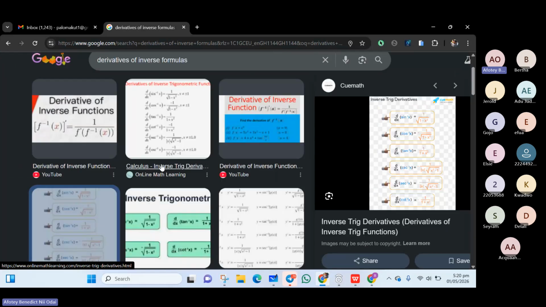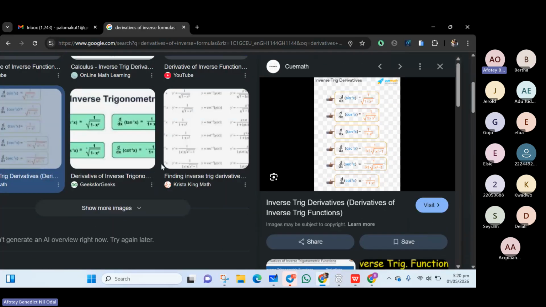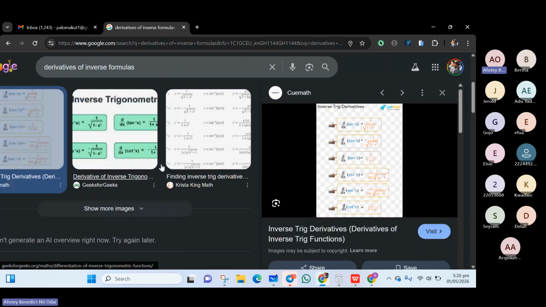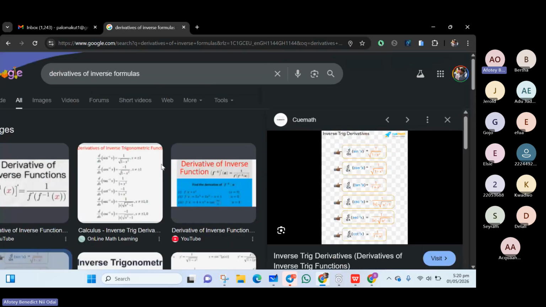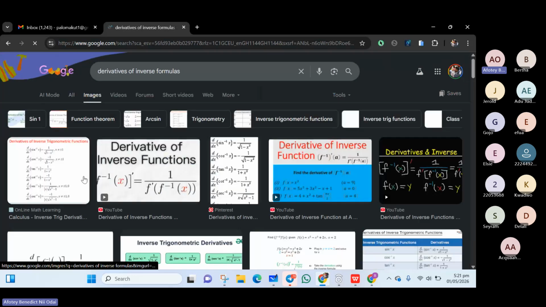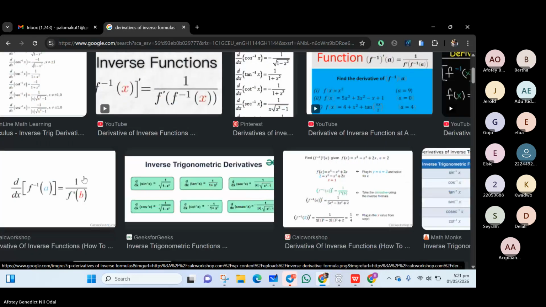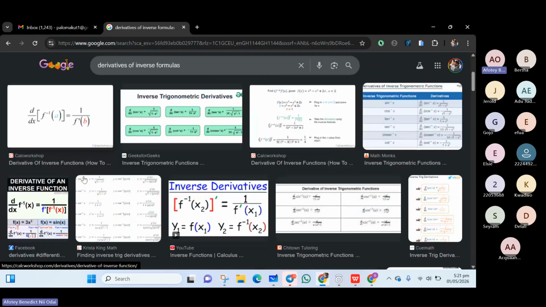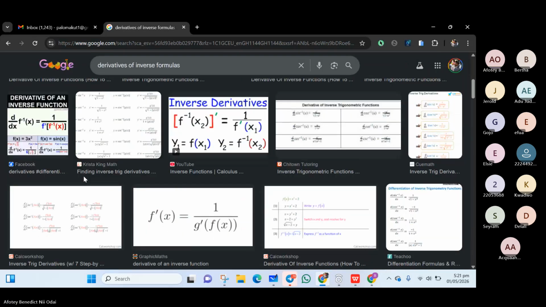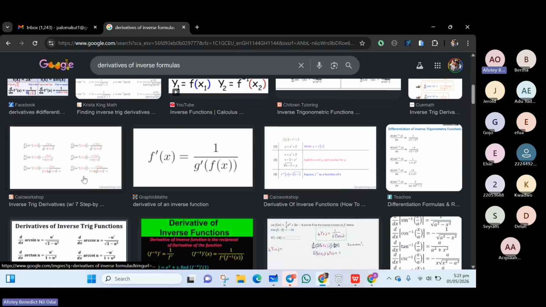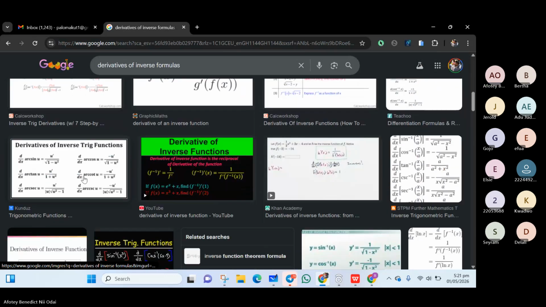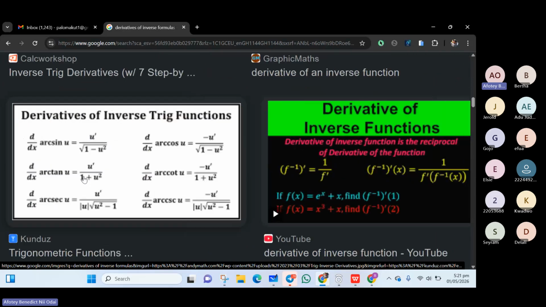Okay, so there's a problem, not with the formula per se, but it's just giving us what we are looking for with respect to x. So let's try and find one that gives us something more general, right? Let's see. Okay, yes, this is what I was looking for.